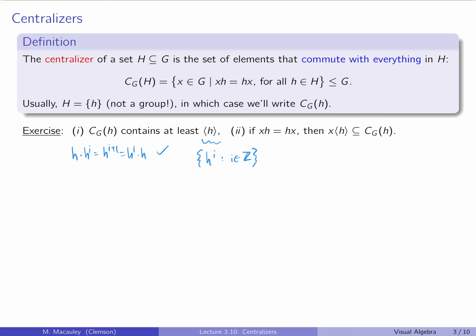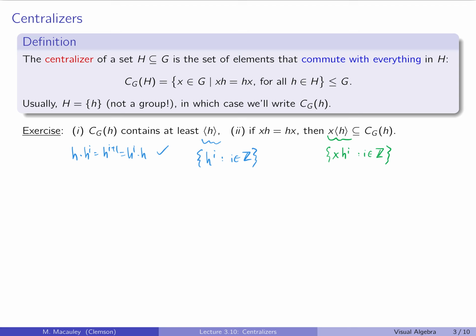The next exercise is that if x is in the centralizer, then every element in the coset containing x, that is of the subgroup generated by h, is also in the centralizer. So let's think why that is. This is just the set of all x times h^i, where i is an integer.